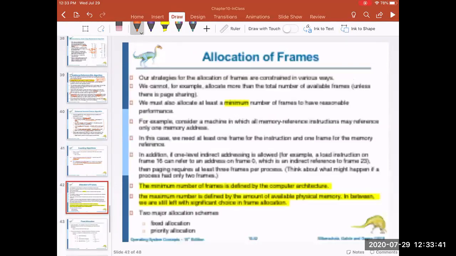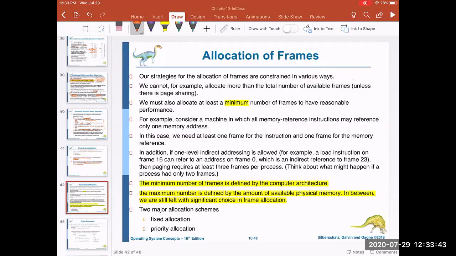And now we are moving toward allocation of frames. In allocation of frames, we can do a fixed number of allocations, or we can do some proportional allocation. There should be at least a minimum number of frames allocated to each process so as to give performance.